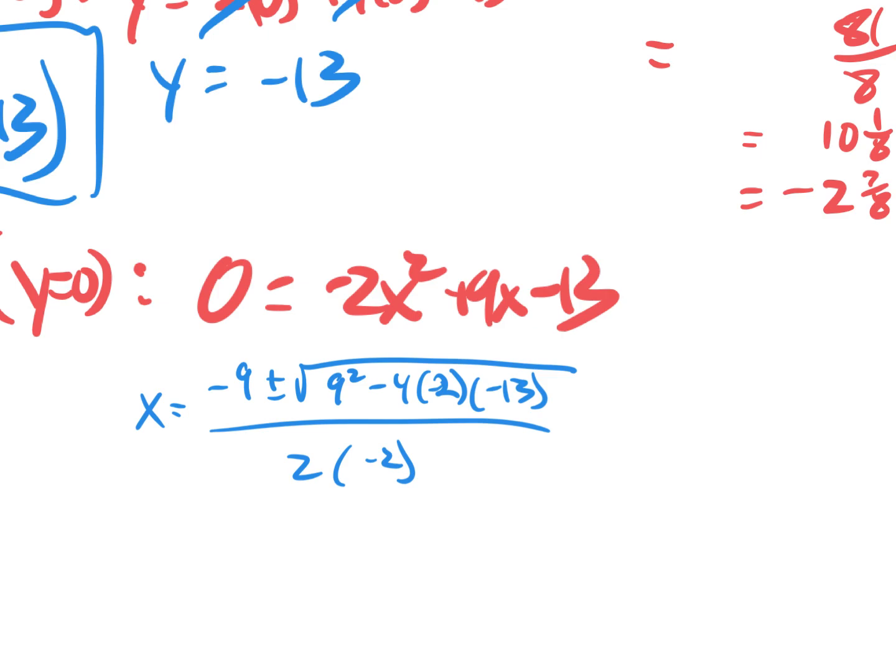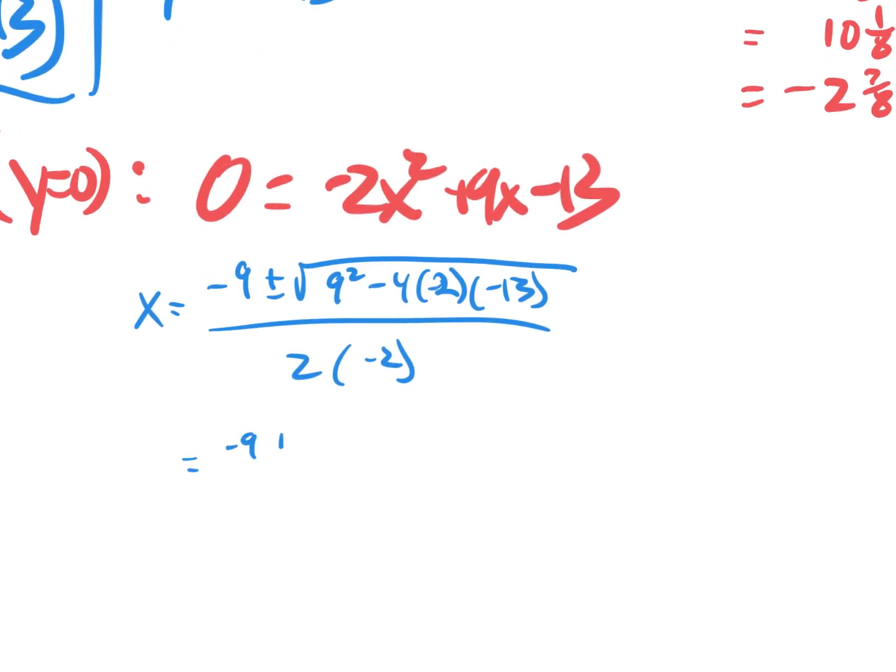Now something interesting happens here. We end up with negative 9 plus or minus. Be careful on the inside. This is 81. And this is going to be 4 times 2 is 8. We've got negative times a negative here. That's going to be positive.